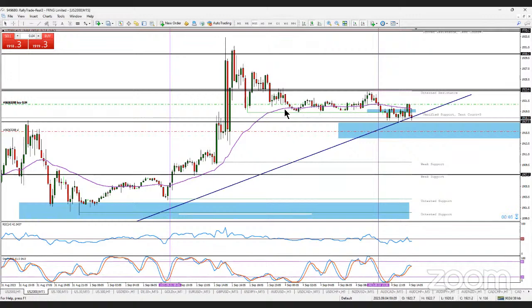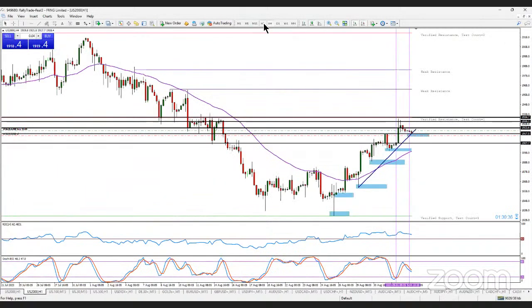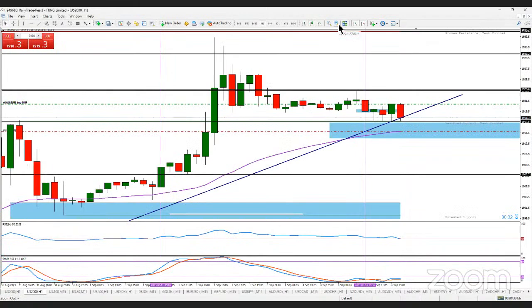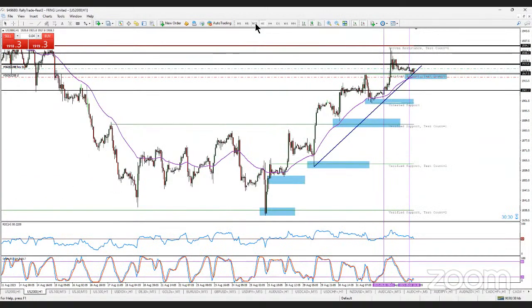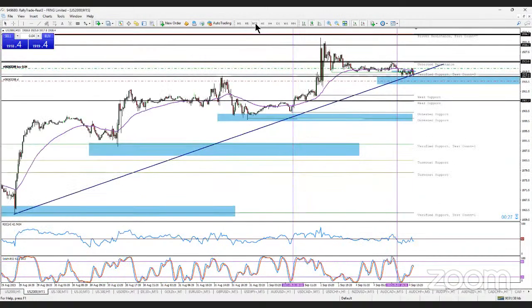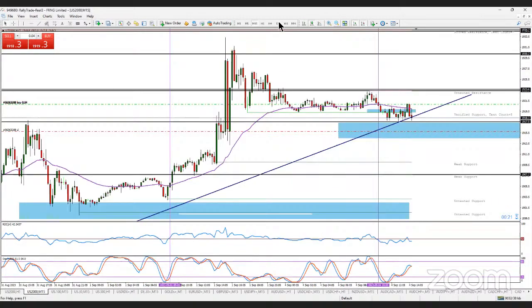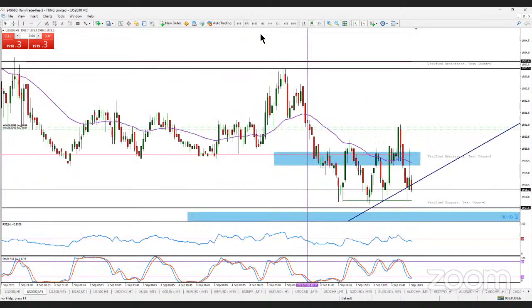There's moving average, there is RSI, there's stochastic RSI, there's trend line, so there's support and resistance, you know. Do you understand? It's not just the moving average.